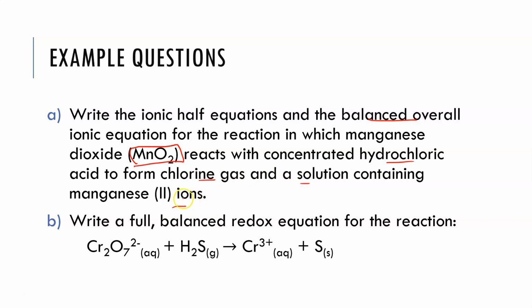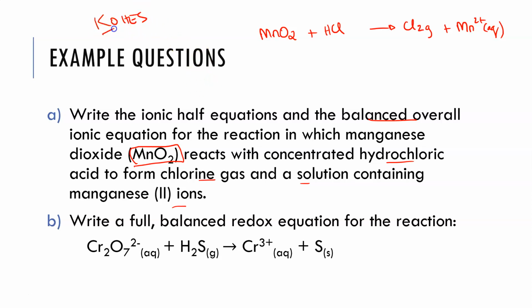So if we write this out, what we've been told is that we have MnO2 reacting with HCl to produce chlorine gas, which will be Cl2, and a solution containing manganese ions, so Mn2+ aqueous. Okay, we're going to follow our COHES rules.